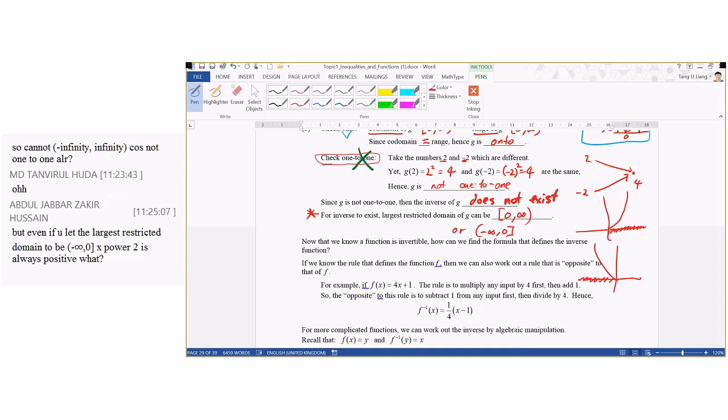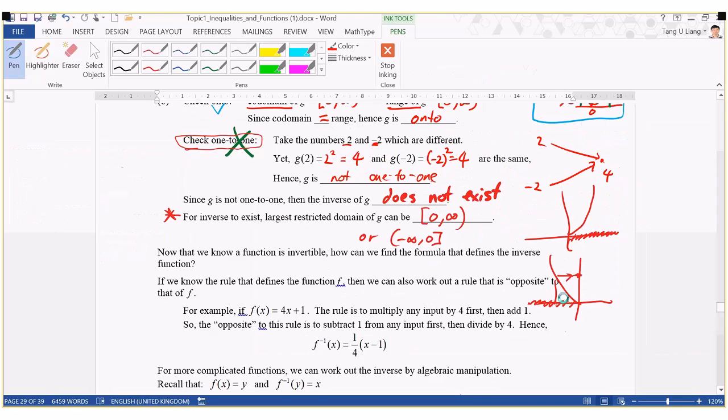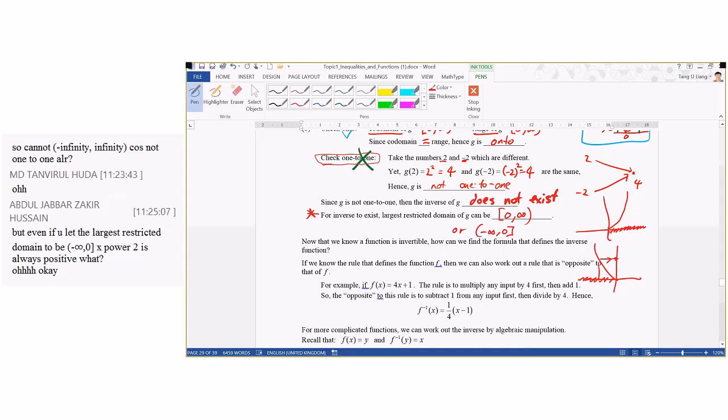Now we are going to do some exercises where we want to find a formula for f inverse. Okay. So let's say your f(x) is given by 4x plus 1. So what is then the formula for f inverse? I'm going to just show you the general method.